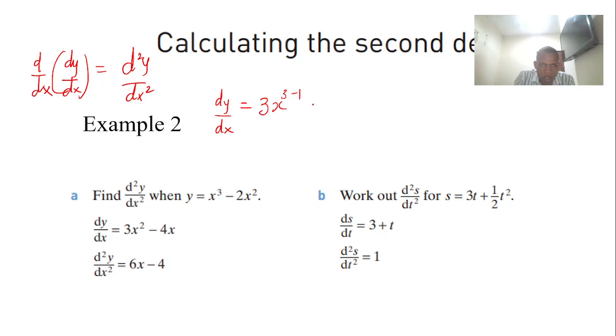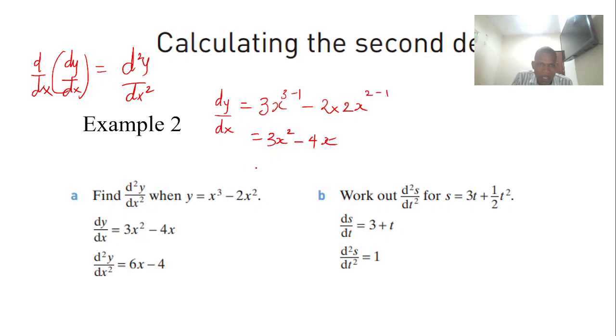Then minus, this 2 comes to the front, it multiplies this 2, so you have 2 times 2, then x to the power of 2 minus 1. Now this gives us 3x squared minus 4x. Now this is the first derivative.